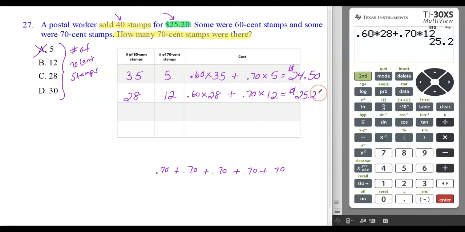You can tack a 0 on to the end of that. It doesn't change anything. So does this match up with the total cost here? Yeah, $25.20, and that's how much the cost was up here, $25.20. They match up, so B is my answer.